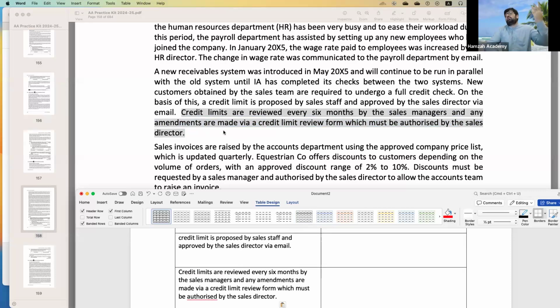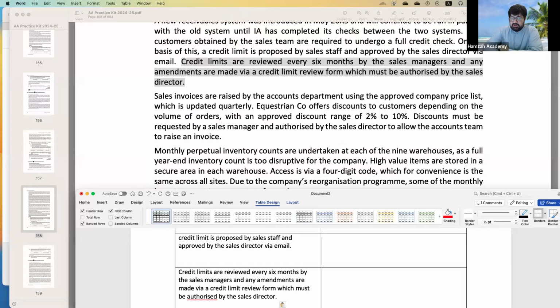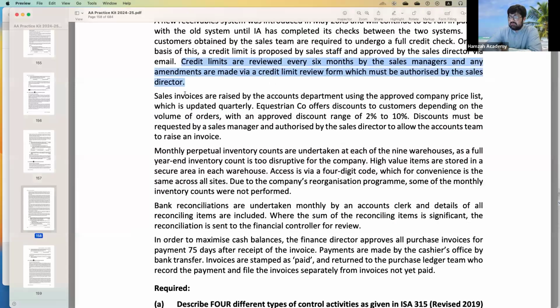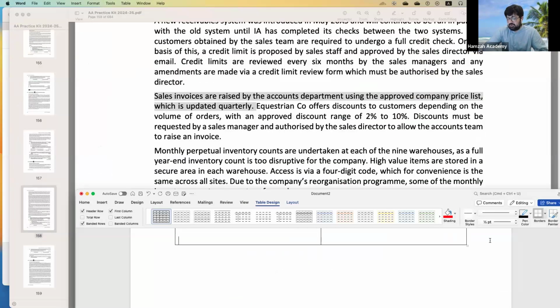And when we are reading it, we must be able to link what may be the benefit of these things. Now, the next is sales invoices are raised by the accounts department using the approved price, which is updated quarterly. Yes, this is a very good thing. The sales price list is updated quarterly. Very good point.